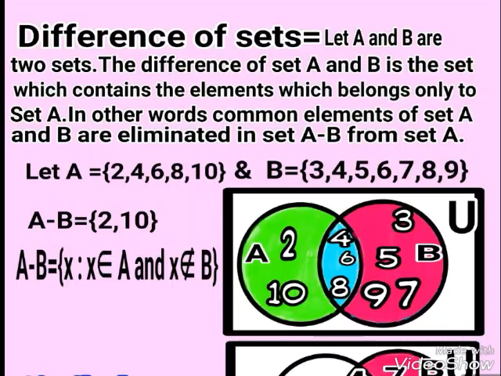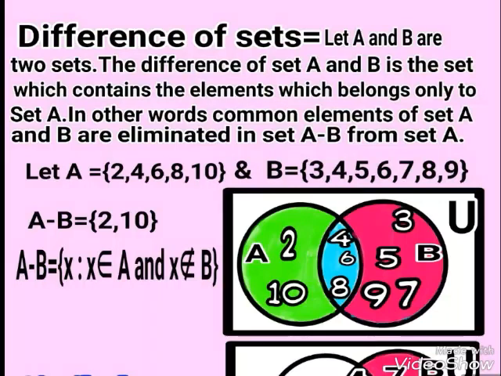The difference of set A and set B is the set which contains the elements which belong only to set A, not to B. In other words, common elements of sets A and B are eliminated from set A in A minus B. The difference of set A and B is represented by A minus B.